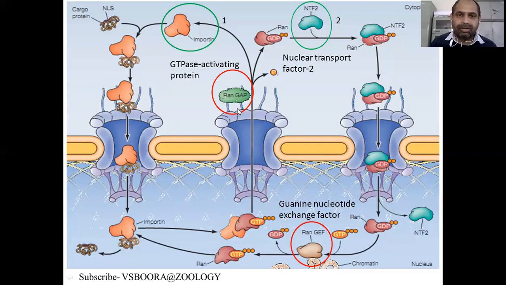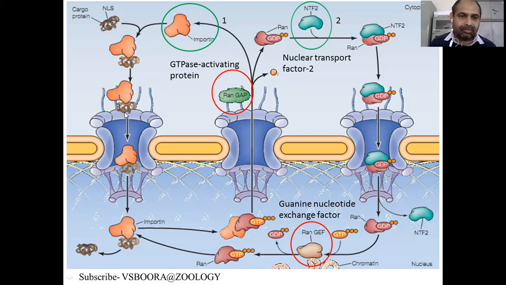This figure shows the important role of importin, which recognizes the cargo protein with the help of a nuclear localization signal present on the cargo protein, forming a complex.